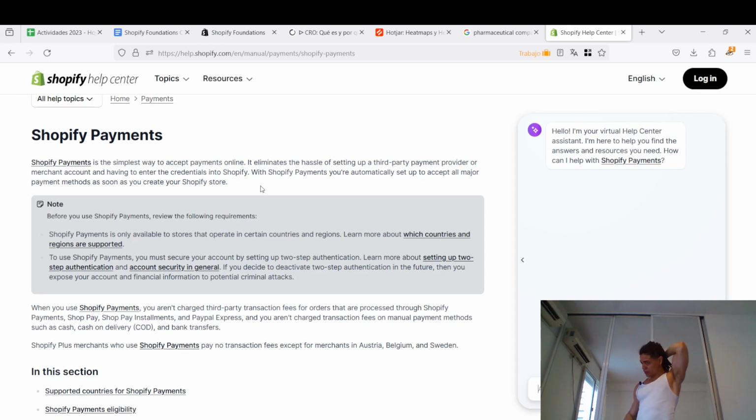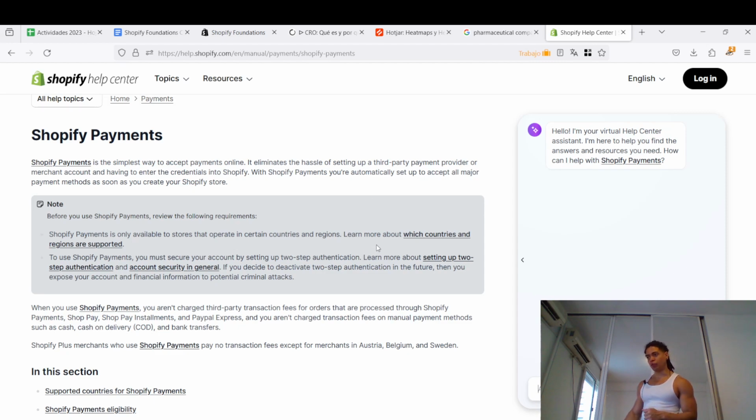Something to really consider. Very interesting. So this is what Shopify Payments allows, and that's one of the reasons why only some countries can use this.